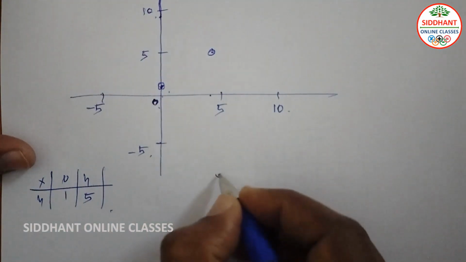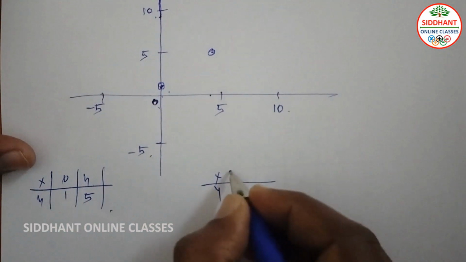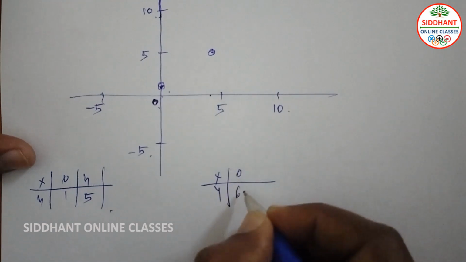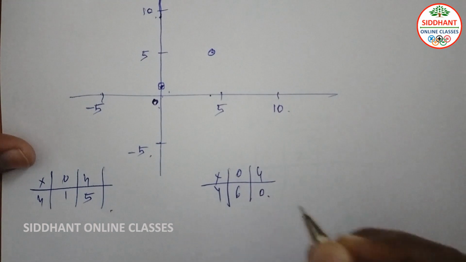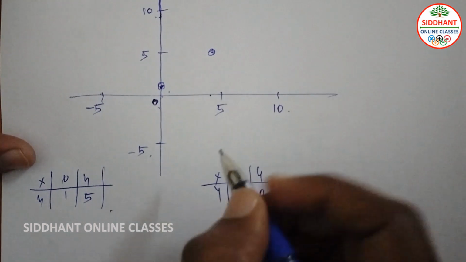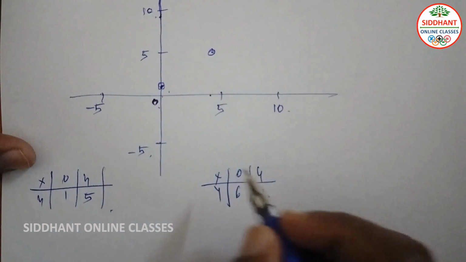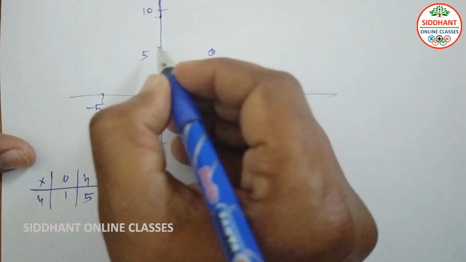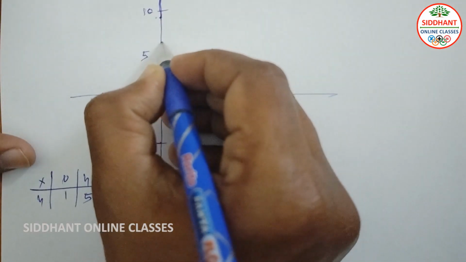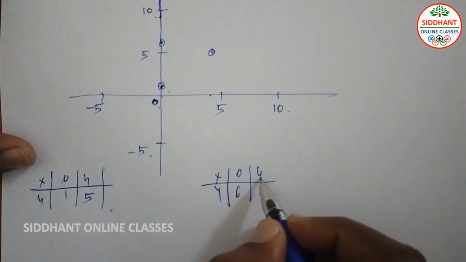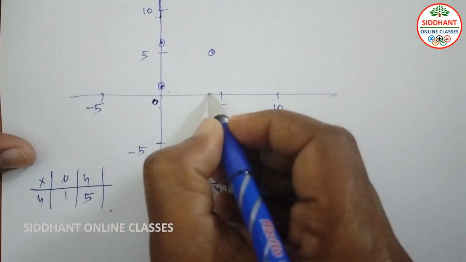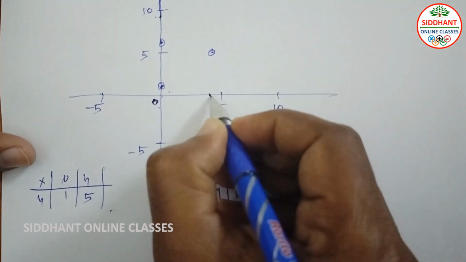For the next equation, x is 0, y is 6, and x is 4, y is 0. So x is 0, y is 6 means here, and x is 4, y is 0 means here.